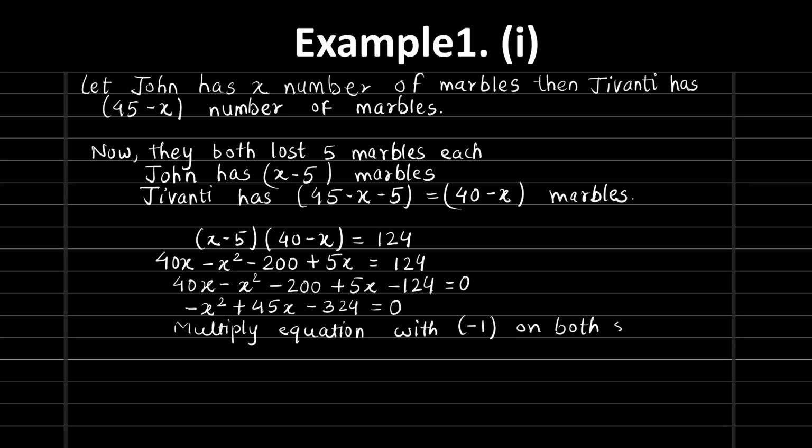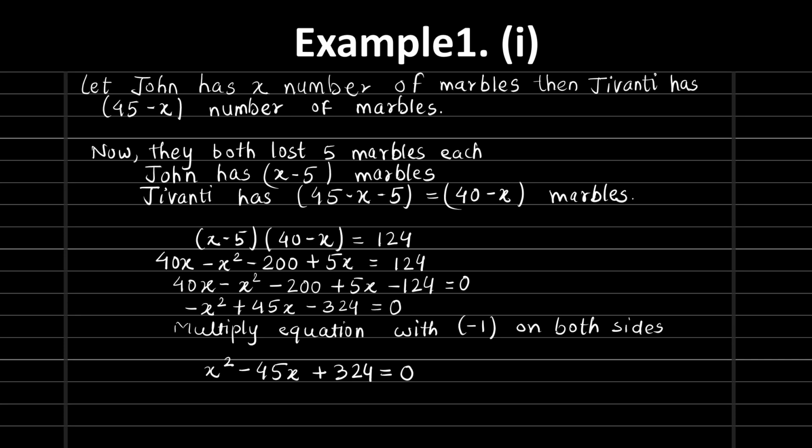So we get X square minus 45X plus 324 equal to 0 into minus 1, which is 0.